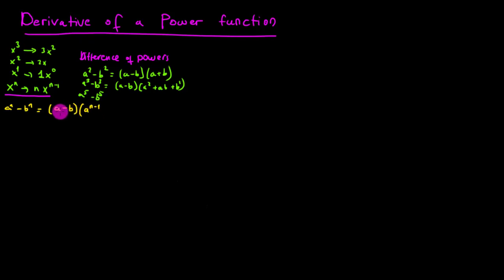Because the maximum power, if you multiply these two factors, should be a to the power of n. So it cannot be more than n. So the b would be here to the power of 0, which is just 1 actually.